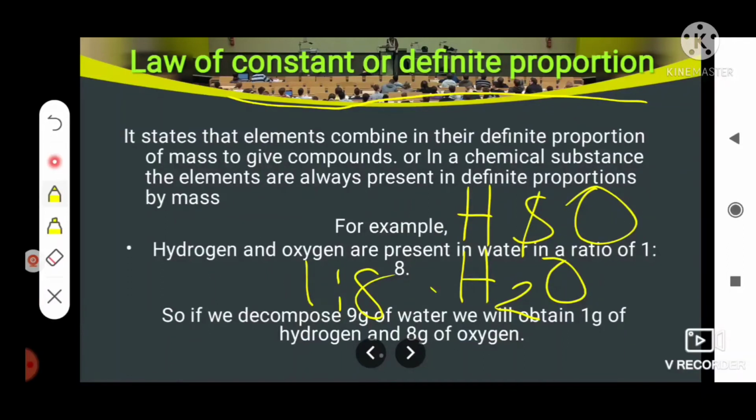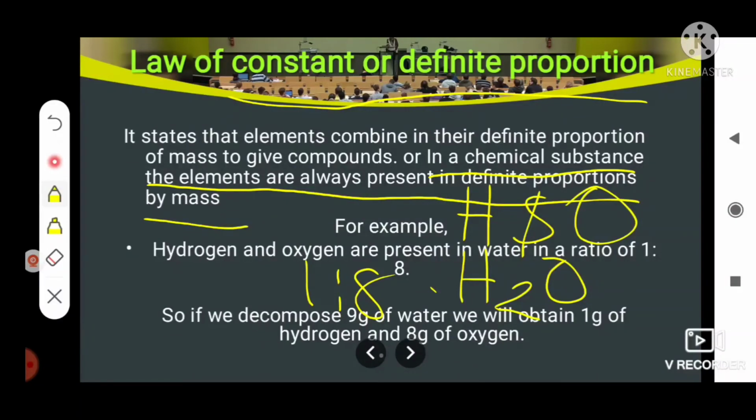The law states that elements combine in their definite proportion of mass to give the compound, or in a chemical substance, the elements are always present in definite proportion by mass. That is, a chemical compound always consists of the same elements combined together in the same proportion by mass.